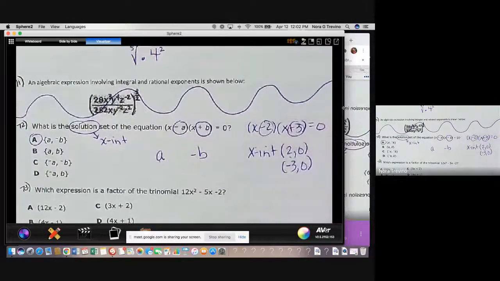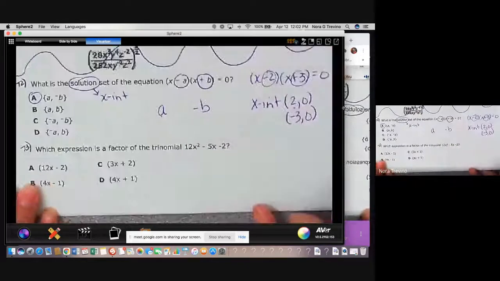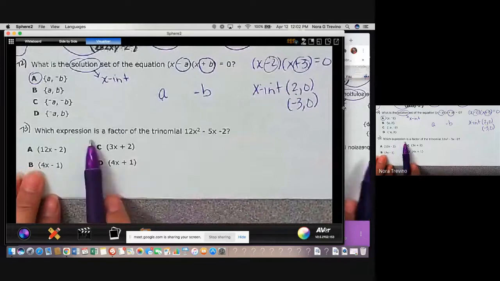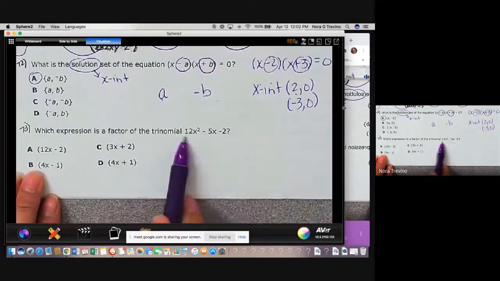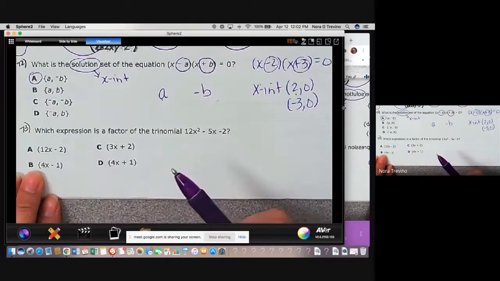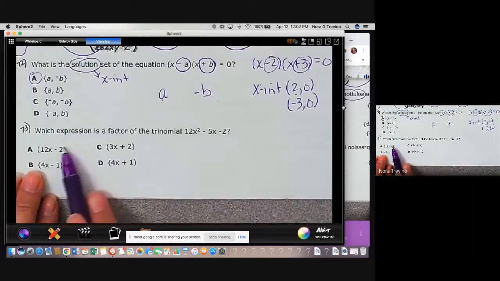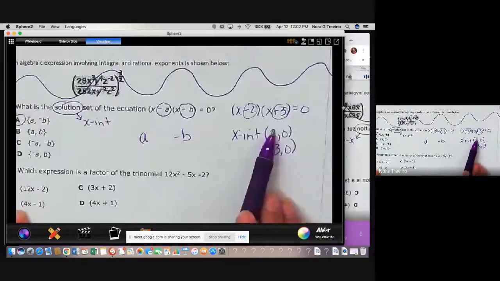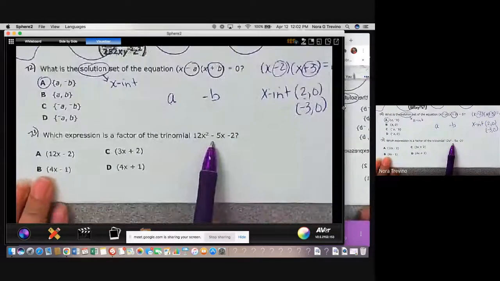Okay. Look at 73. Make sure you're writing all these down. There's always one like 73, so pay close attention. Which expression is a factor of this one? If you don't understand what the question's asking, then that's going to be a problem. So basically they're saying, which one of these is one of the x-intercepts of this quadratic?